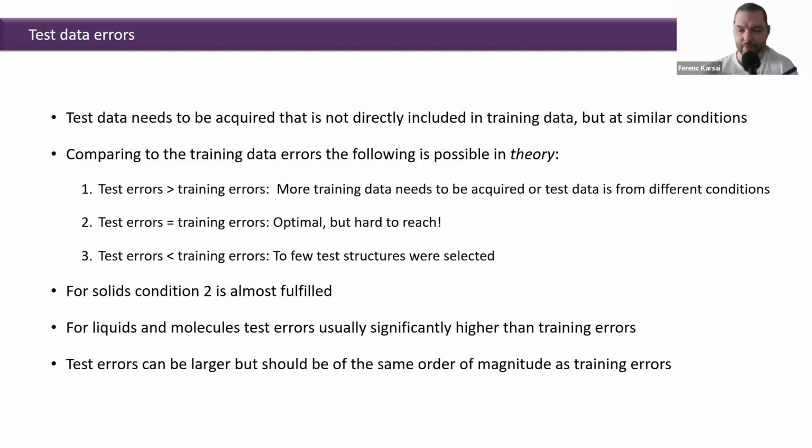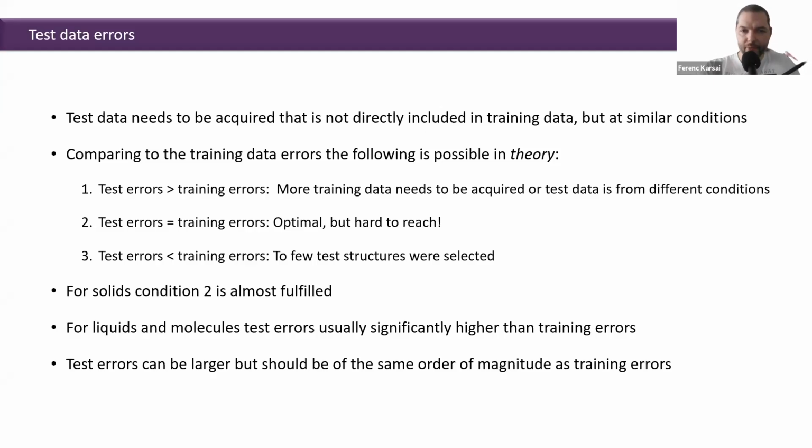For example, if you trained until 400 Kelvin, you would not sample structures above 400 Kelvin, but below. The similar conditions should be emphasized here, because if you wanted to calculate something at different conditions, you would have to extrapolate, and force fields don't extrapolate well.